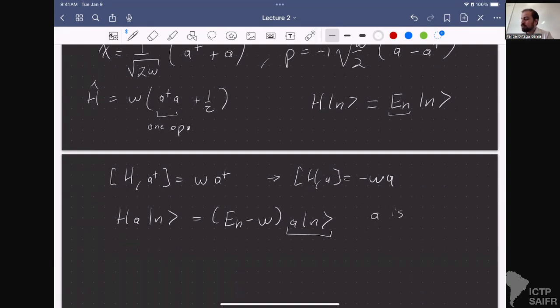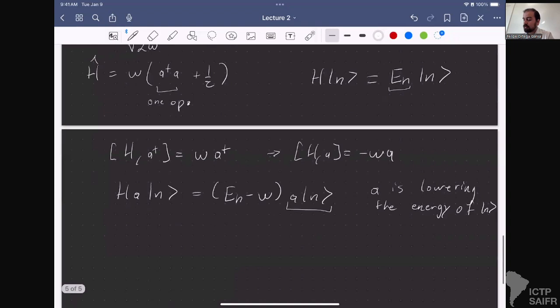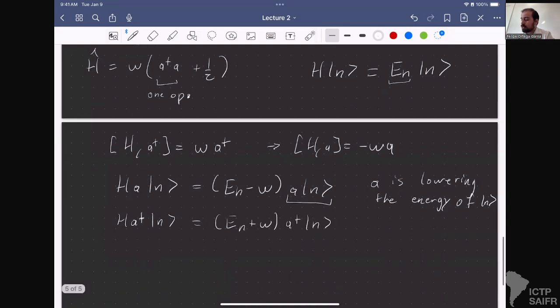A is lowering the energy of n. So that's why it's called the lowering operator. And you can do a similar calculation with the dagger operator to find that it increases the energy of the state. So A dagger is the raising operator.